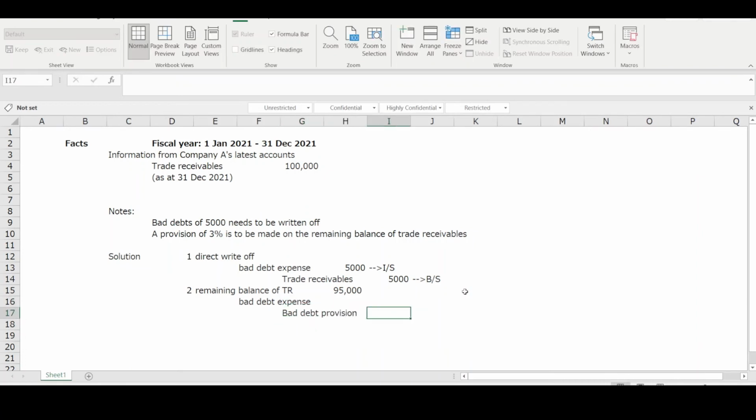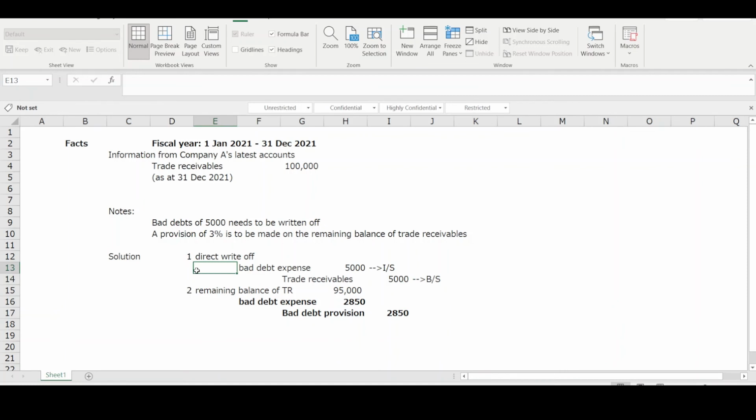The value will be 3% times the end balance of trade receivable, and the same number goes here.